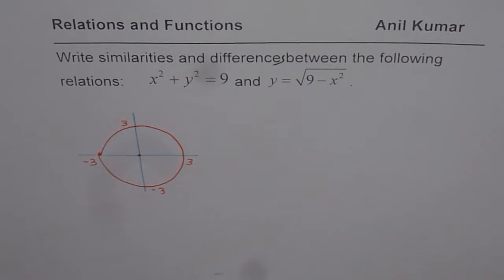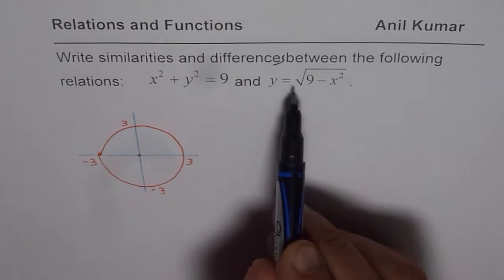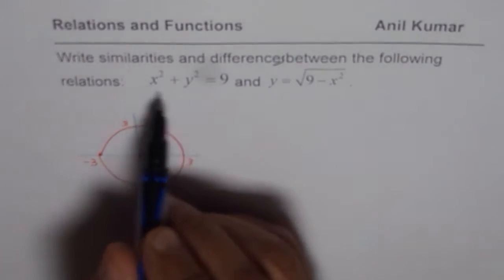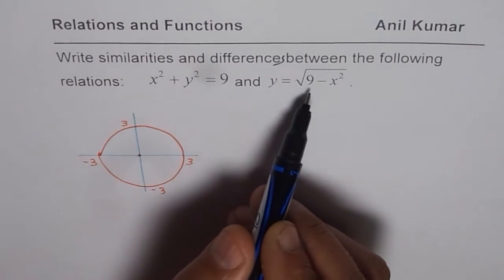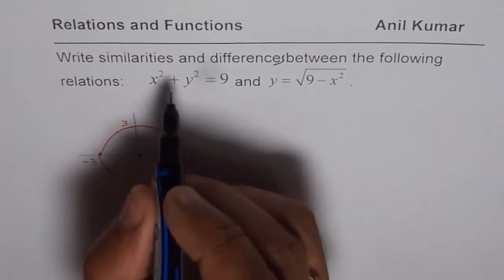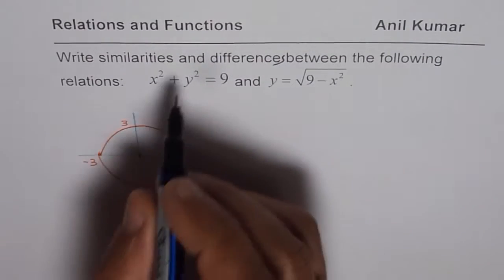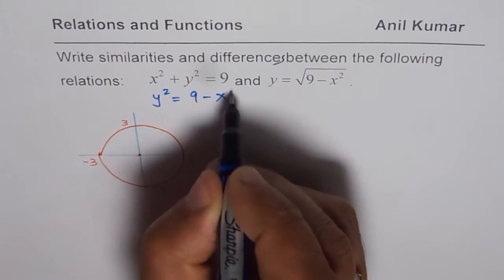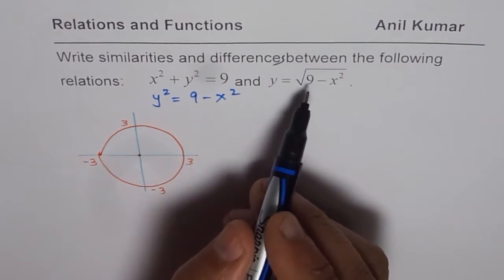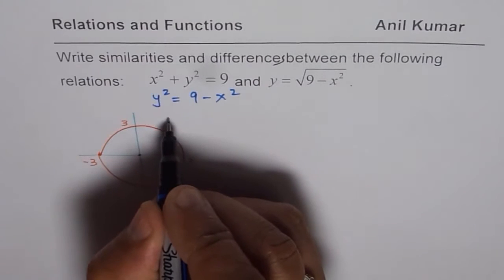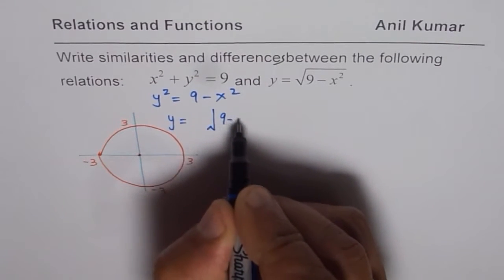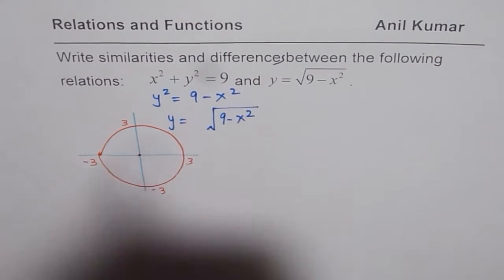Now what is the other relation? Y equals square root of 9 minus x squared. That is confusing. Well, some of you can rearrange this formula and get closer to this. If I take x squared to the other side, in that case we can write y squared equals 9 minus x squared, and if I square root, then we get y equals square root of 9 minus x squared.